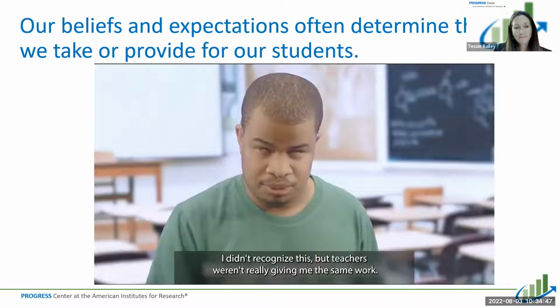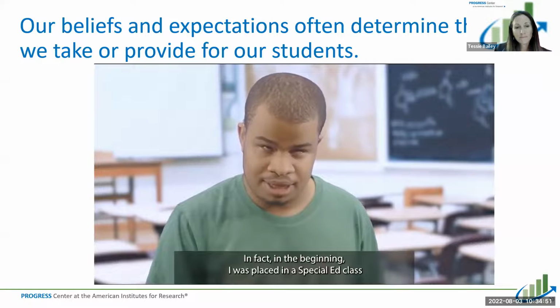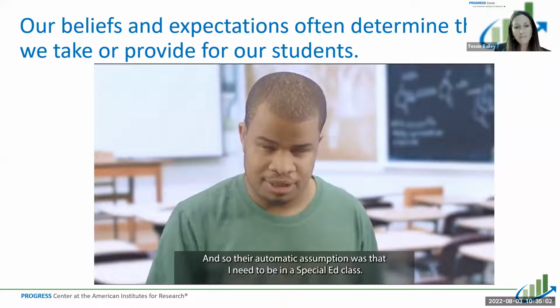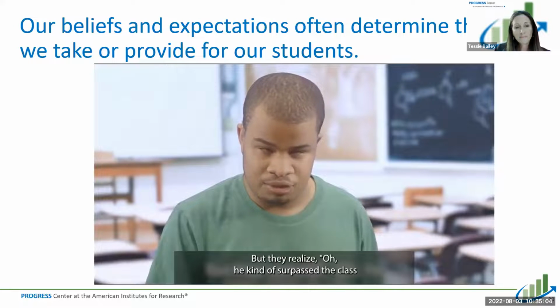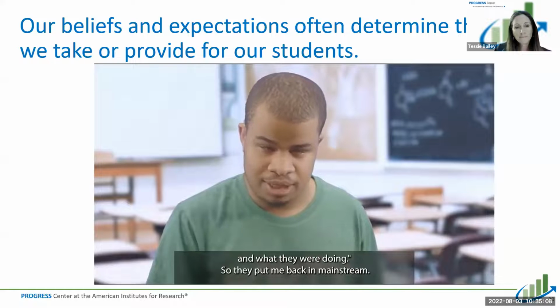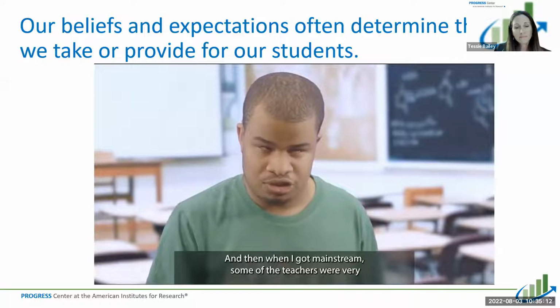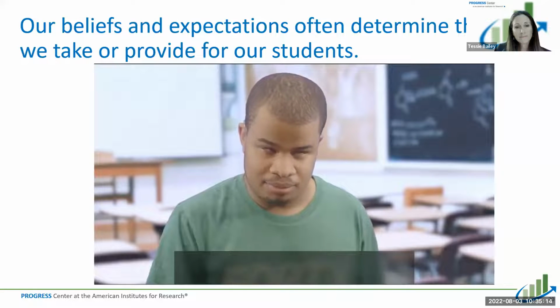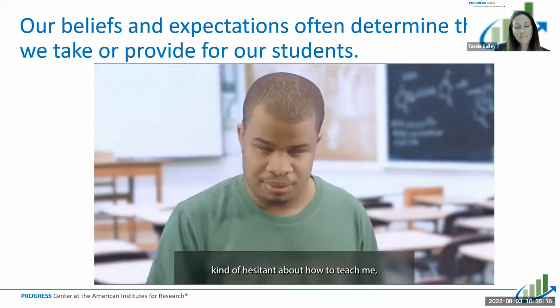On the first couple of days of school, and I was young at the time, so I didn't recognize this, but teachers weren't really giving me the same work. In fact, in the beginning, I was placed in a special ed class, even though I had been mainstream throughout elementary school. And so their automatic assumption was that I needed to be in a special ed class. But they realized, oh, he kind of surpassed the class and what they were doing. So they put me back in mainstream. And then when I got mainstream, some of the teachers were very hesitant about how to teach me.